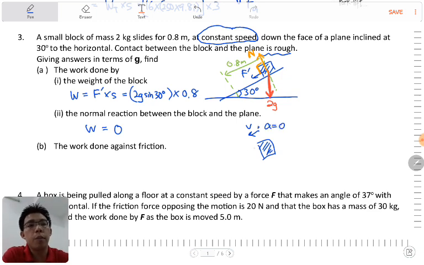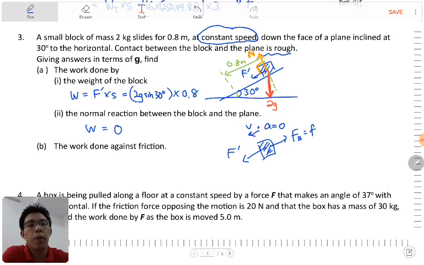So 0 acceleration means that the forward force and the backward force must be equal. Then only can it give you a 0 resultant force. So having said that, it means that the component of the gravitational force and friction, which is acting in the backward direction, will be equal.